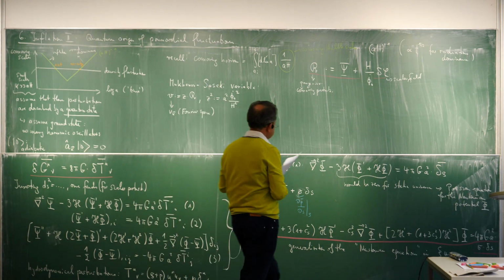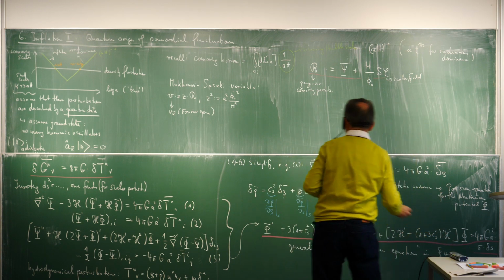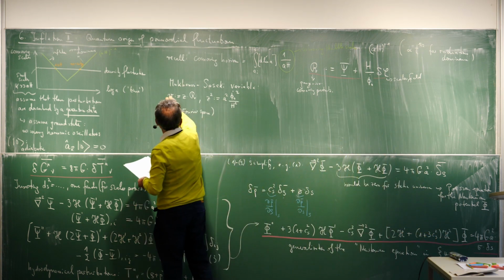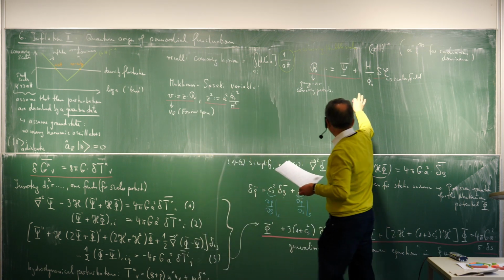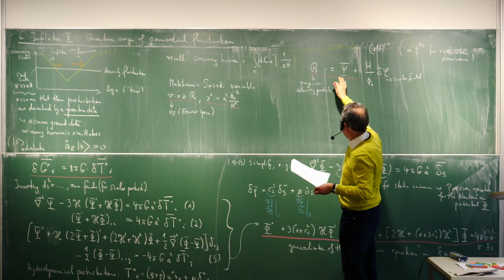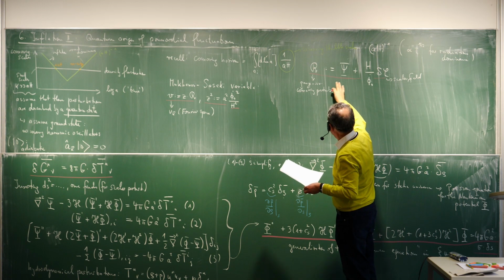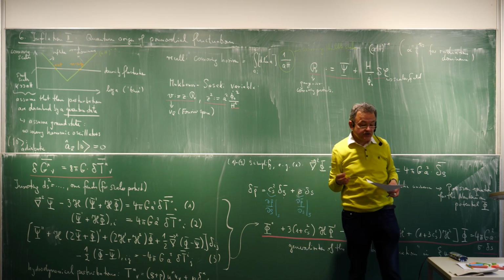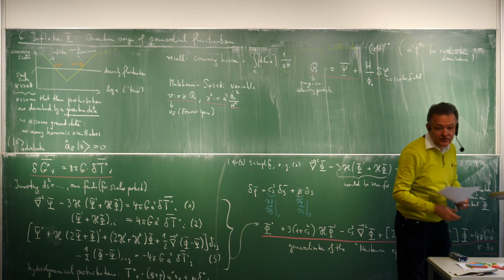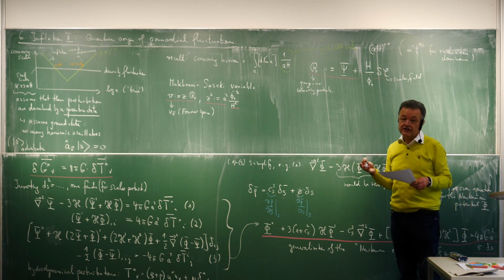So that's also another important combination. These are conveniently introduced gauge invariant quantities for the situation where you have scalar perturbations for the metric and for the inflaton field.